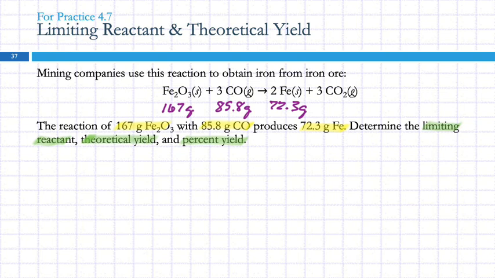I need an actual yield and a theoretical yield. I calculate the theoretical yields using stoichiometry. I can't just calculate the actual yield. This is the actual yield. They just didn't come out and say this is the actual yield. They said this reaction produces this amount.